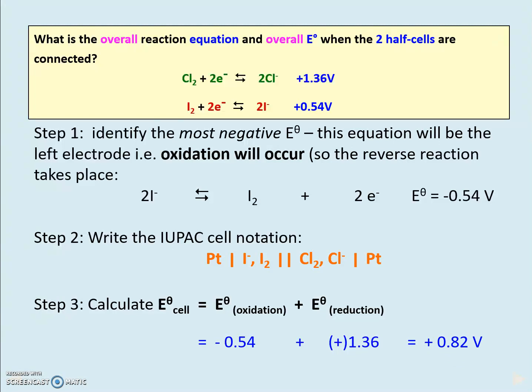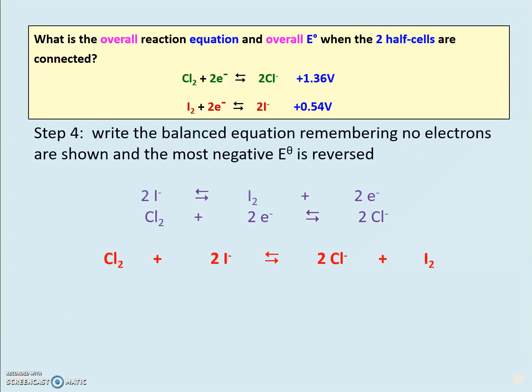We also have to write a balanced equation, and so to do that we need to balance out this equation, remembering that no electrons should be shown in this overall equation. And so here's our oxidation equation, here's our reduction equation, and when we combine the two together, the two electrons both sides cancel out.